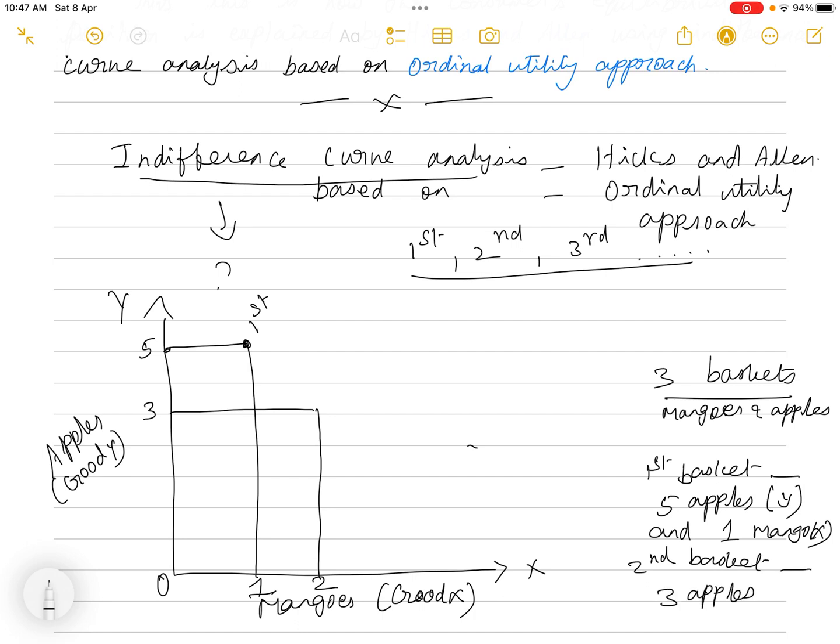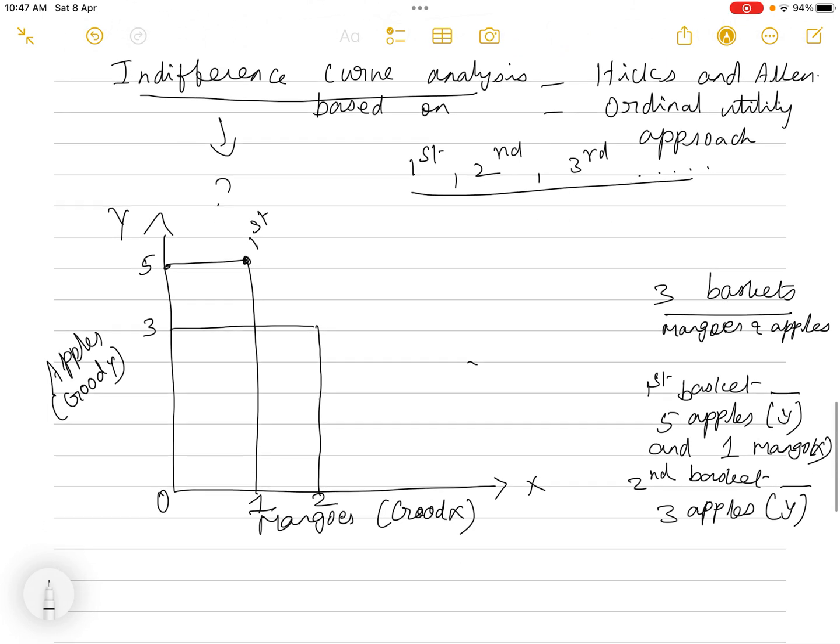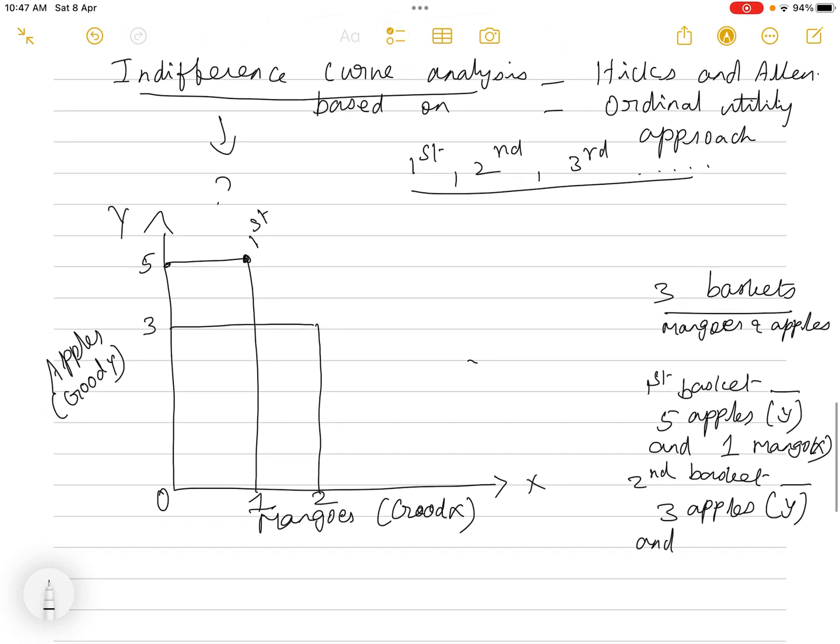So the second basket contains 3 apples, good Y, and 2 mangoes, good X. So 2 units of apples are sacrificed to get one more unit of mango. This is the second combination.